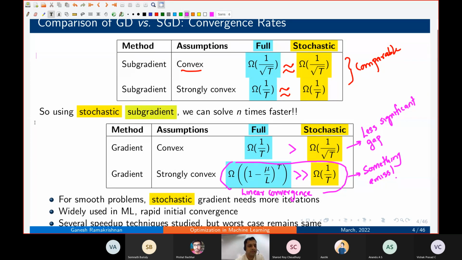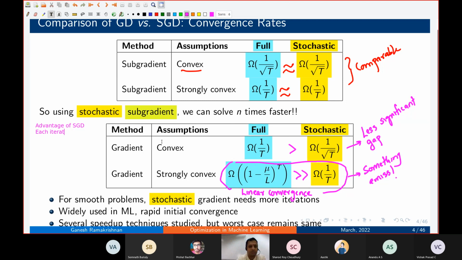That is the advantage you're getting in the first place. So how much is the gain? If you have n examples, each iteration, not epoch, is n times faster. An epoch is when you have iterated over the entire data set.